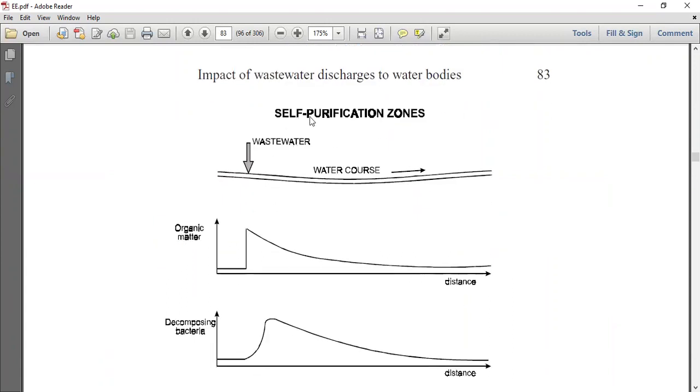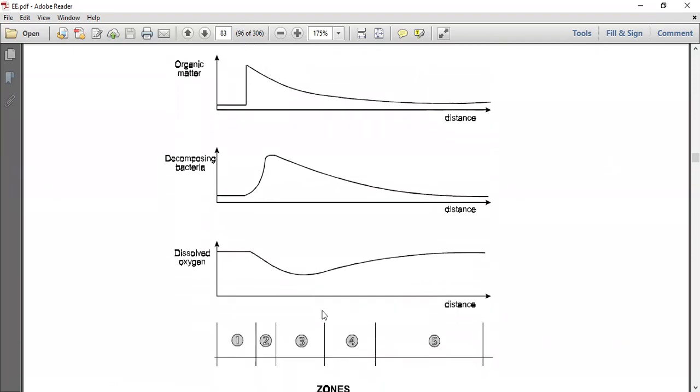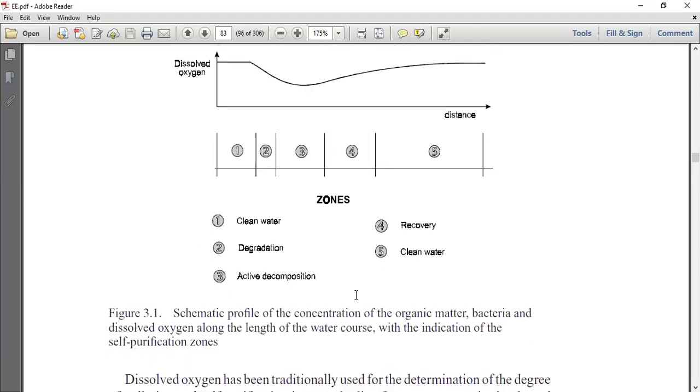So, the self purification zone. In wastewater watercourses, the organic matter is high and bacteria are decomposing it. When the organic matter is high, the dissolved oxygen is the least in the water bodies. So it is hard for the other aquatic community, for respiration to work.